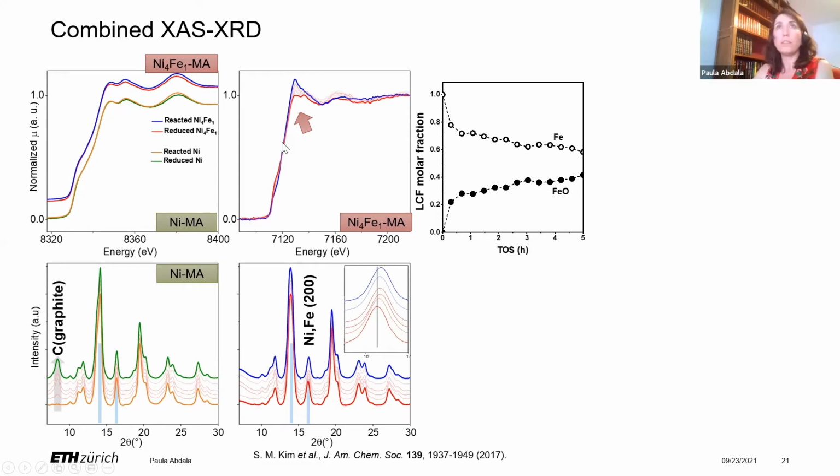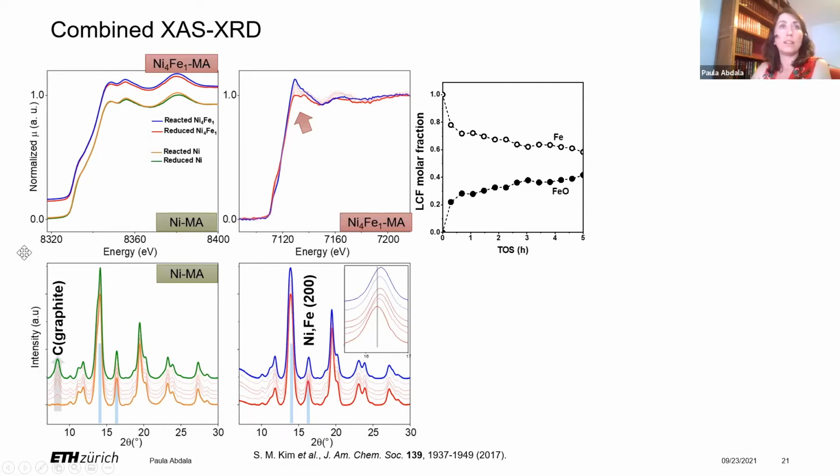We can also quantify by linear combination fitting analysis the produced oxide, which in this case is FeO, and we can observe that the oxidation happens initially, and later it continues to increase.